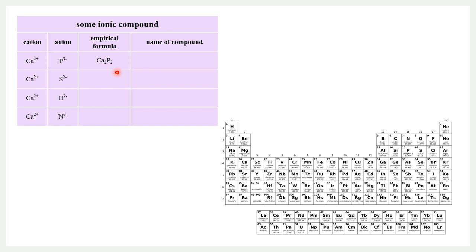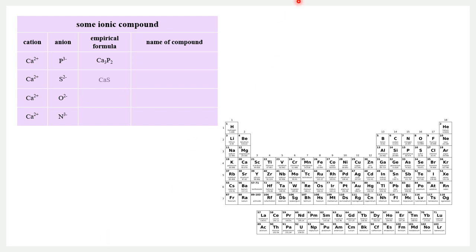So you would get Ca2+ and S2-, or Ca2+ and O2-. When you get these types of cations and anions, you would end up with Ca2O2. So you'll have to remember that the empirical formula is one where you have simplified the ratio of all the atoms down to the smallest ratio possible.